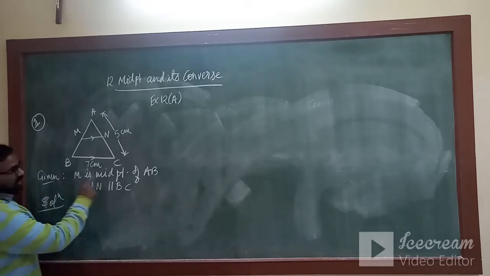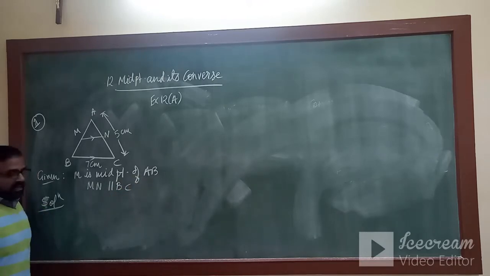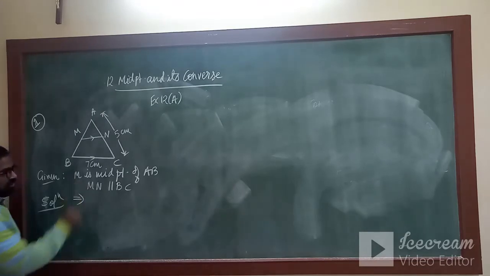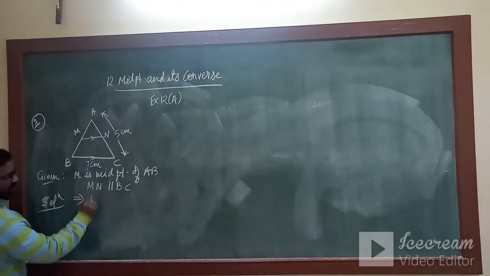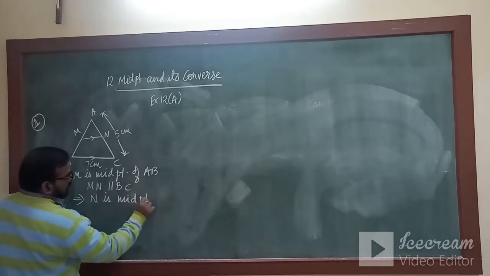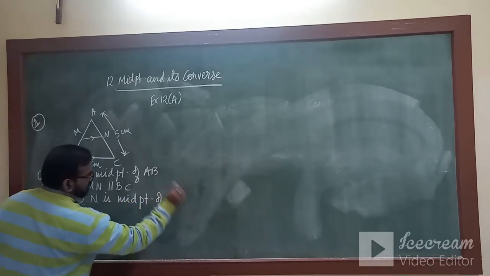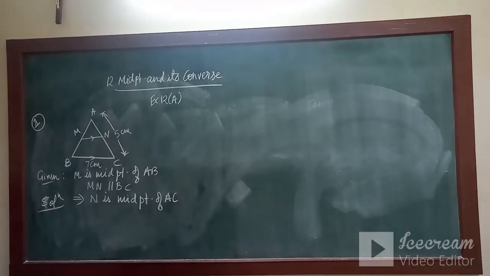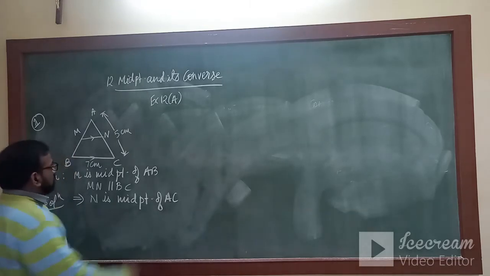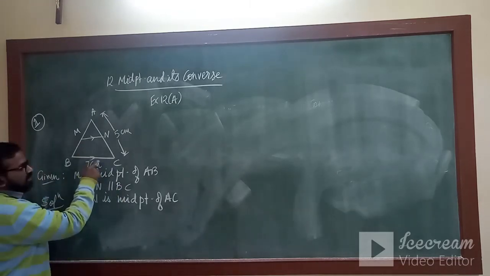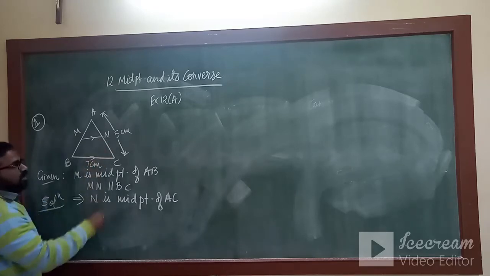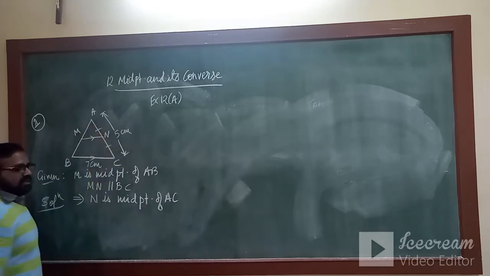See, it is given that M is the midpoint of AB and MN is parallel to BC. So we can say that using these two statements, N is the midpoint of AC. Why? Because we have studied about the converse of midpoint theorem. If one midpoint is given and that line is parallel to the third side, then next point becomes automatically the midpoint of the next side.